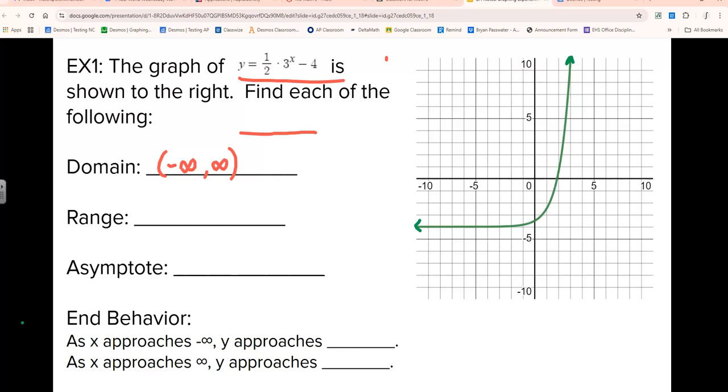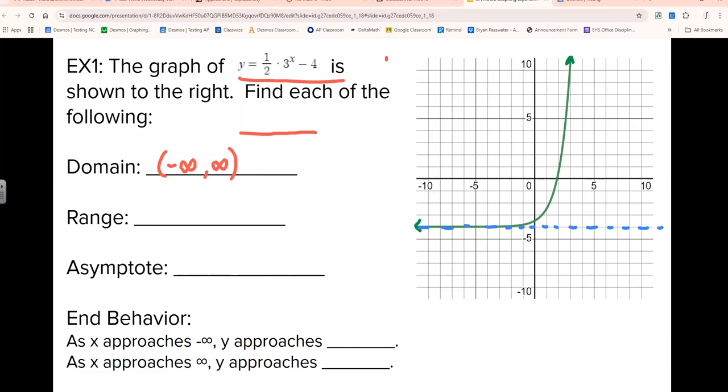For our range, now we're talking about our lowest number and our highest number. What is the lowest we go on the y-axis here? Looks like -4 right there. If I draw a line on out, what does it look like is happening at -4?